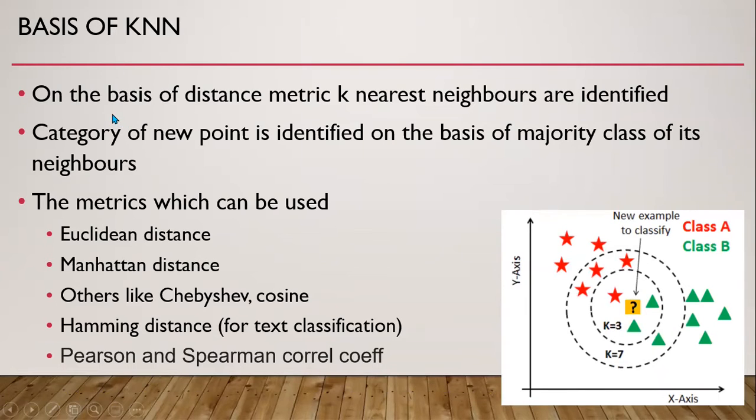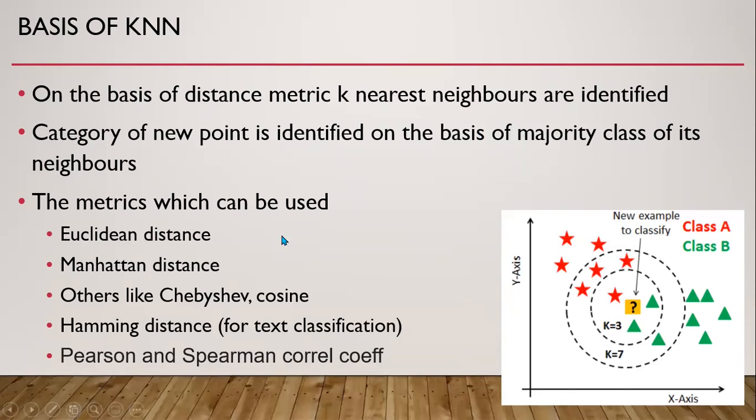The basis is the distance metric or any other metrics that I will describe later. So on the basis of distance metric, k nearest neighbors are identified. The category of the new point is identified on the basis of the majority class of its neighbors, as I have described in this picture.